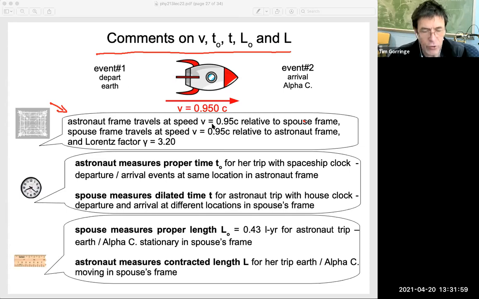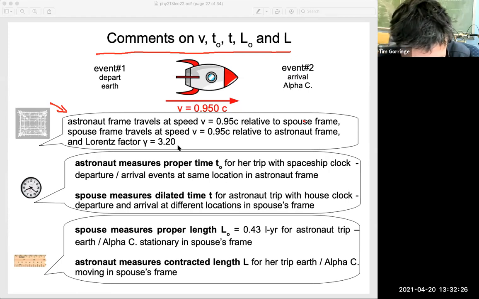And also in the astronaut's reference frame, the astronaut is seeing me in the Earth reference frame traveling at 95% of the speed of light towards the left. So that's important. The two reference frames, Earth reference frame and spaceship reference frame, are traveling at 95% of the speed of light with respect to each other.